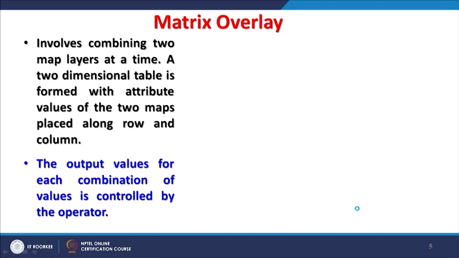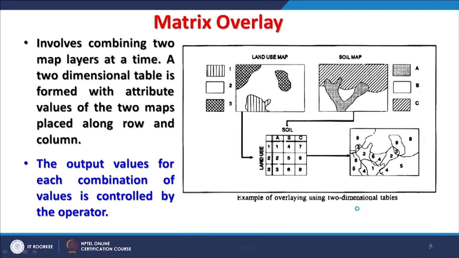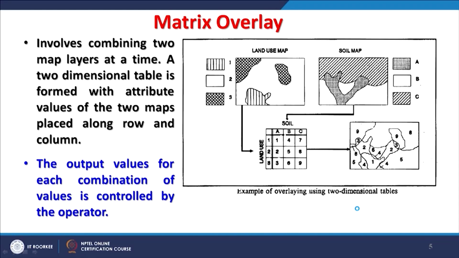The output value for each combination of values is controlled by the operator, so we can decide how the output is going to be.